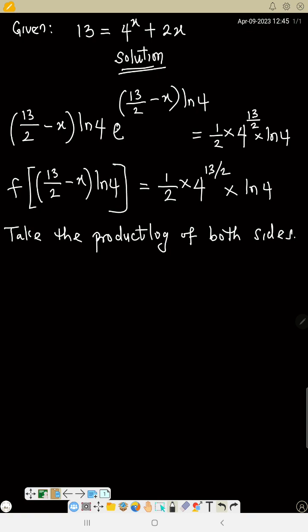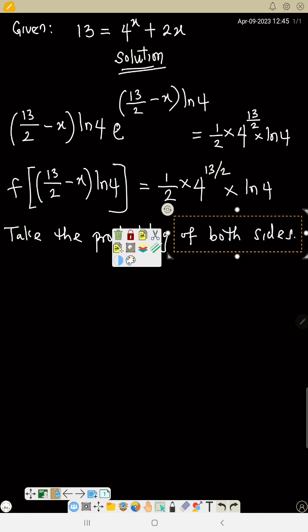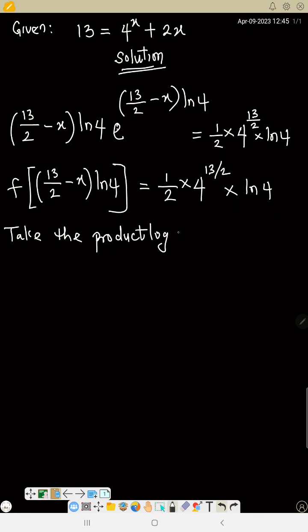To take the product log of both sides, w is the product log. So let me take the product log w of both sides.